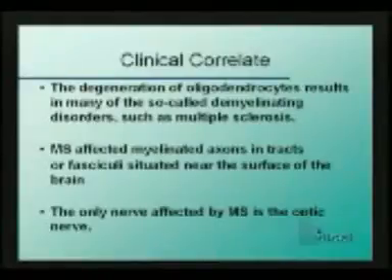Multiple sclerosis typically affects myelinated axons in the central nervous system that are found in tracts or fasciculi near the surface of the spinal cord, brainstem, or near the surface of a particular portion of a ventricle. And since this is a central nervous system demyelinating disease, the only nerve that's commonly affected by multiple sclerosis is the optic nerve.